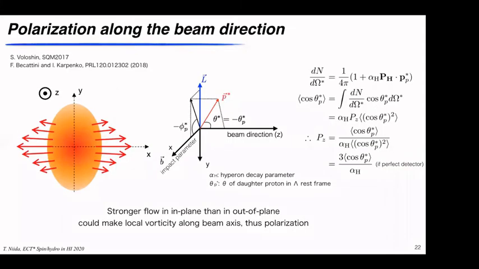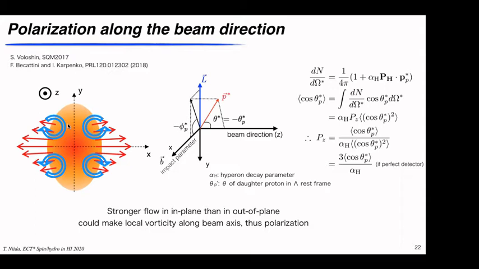And one can naively expect that such local vorticity can also be created by the elliptic flow, since we know that there's a stronger expansion in plane compared to out of plane, which naively leads to this kind of local vorticity along the beam direction, and its sign depends on the azimuthal angle.